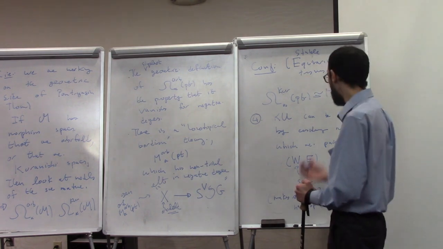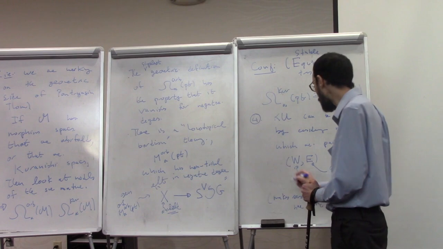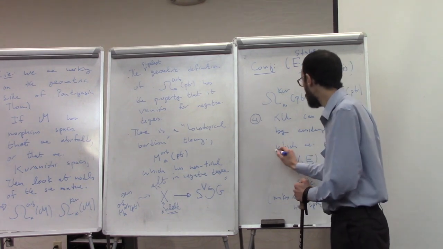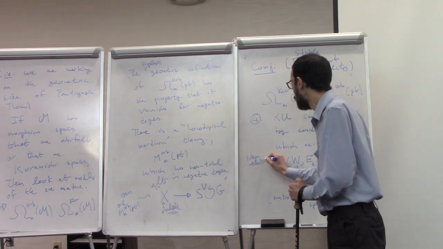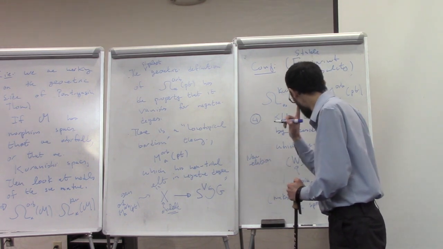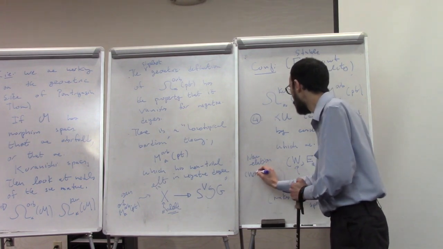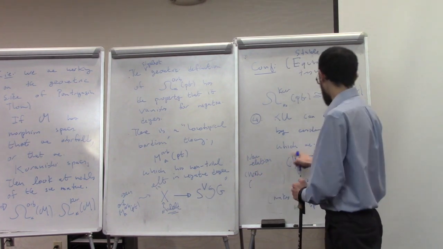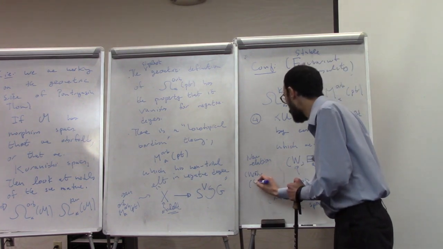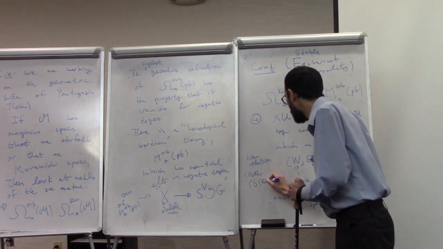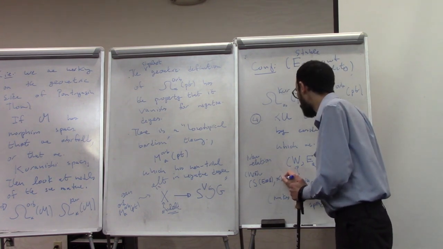It doesn't quite work. If you only take bordism, you don't get enough relations. There's one new relation, which is that you make (W, E) equivalent to the Thom space of E over W, which basically means the sphere bundle of E direct sum 1, and then the pullback of it.